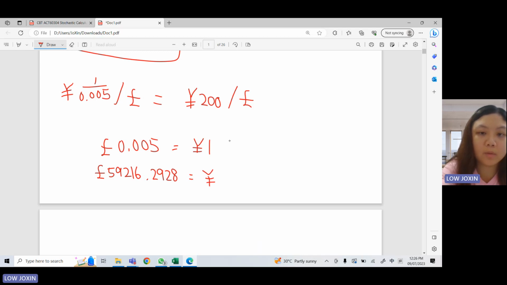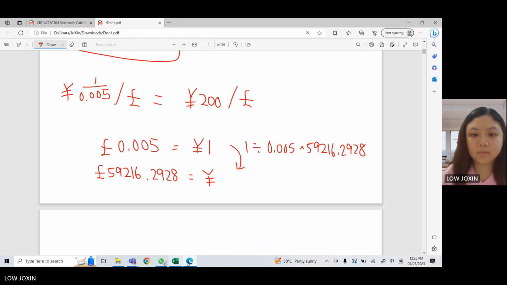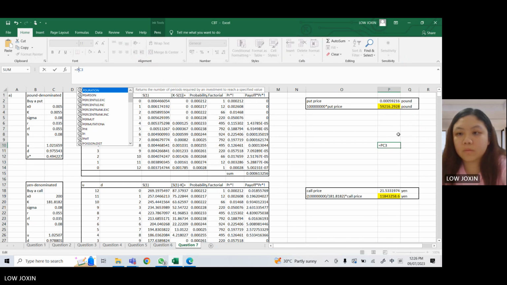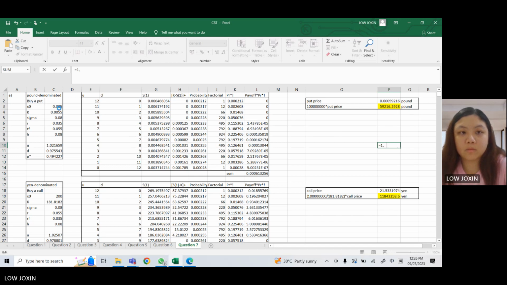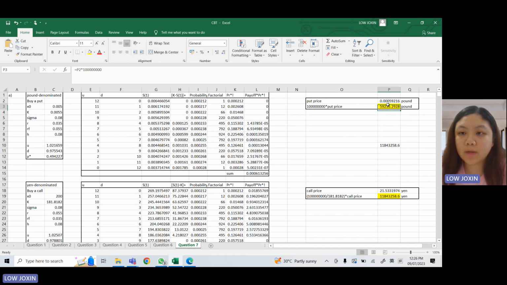Then we will need to take 1 divided by 0.005 multiplied with 59216.2928. So we can see that the put price, when I convert the pound into yen, basically I will get the same price as the call price.